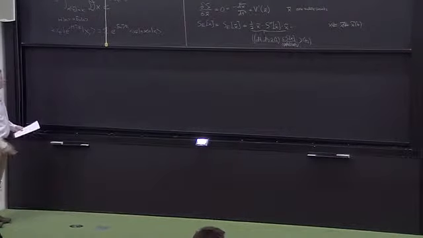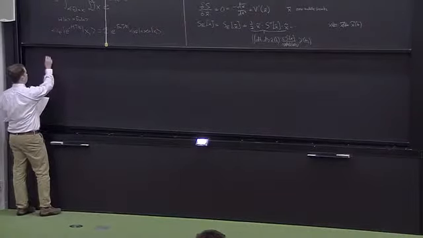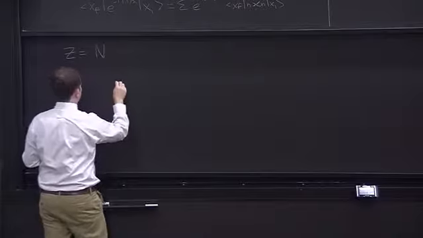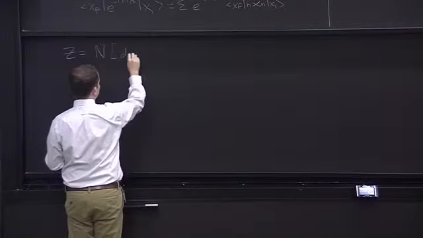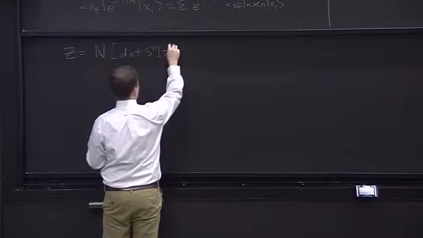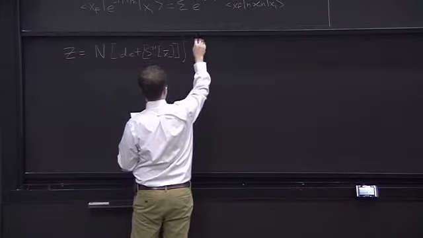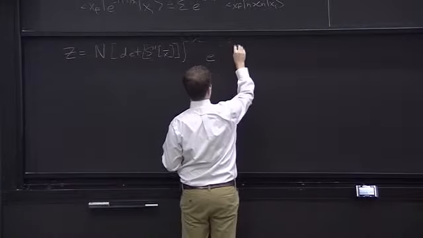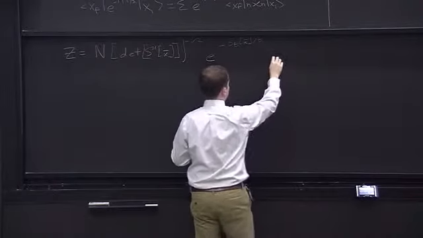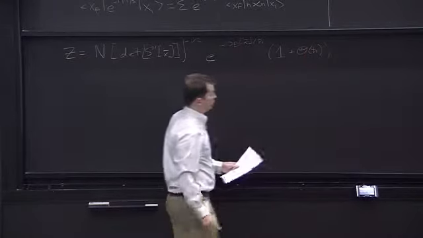So this expression probably looks familiar to you. This is very similar to what we did in QFT2. So we can perform the Gaussian integrals, and then we'll get that Z is some normalization times the determinant of S double prime evaluated at the saddle point, to the minus a half, times e to the minus S_E of x bar, and in general there will be some order h bar corrections to this formula.